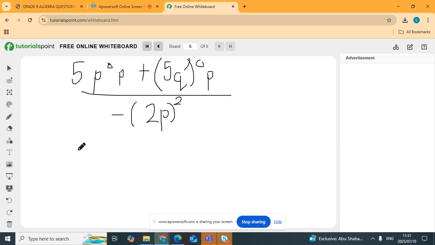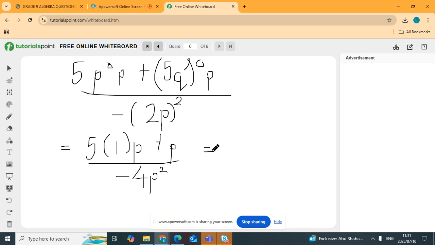Now, p to the power of 0 is 1, right? Then you multiply this by p. Then you say plus 5q to the power of 0 is 1 times p, that's p. Then you say over. This is going to be over minus 4p squared.